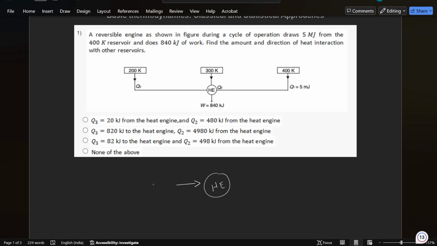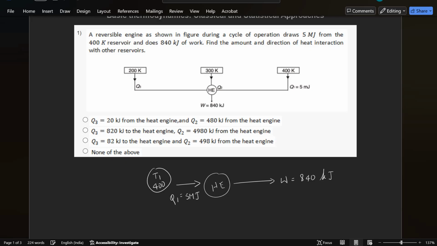This is T1. T1 is Q1. There is some work being done. Jaideep, any idea?